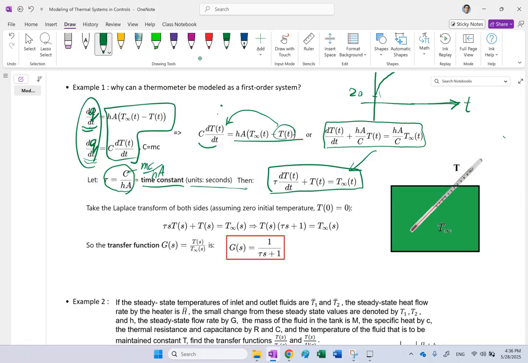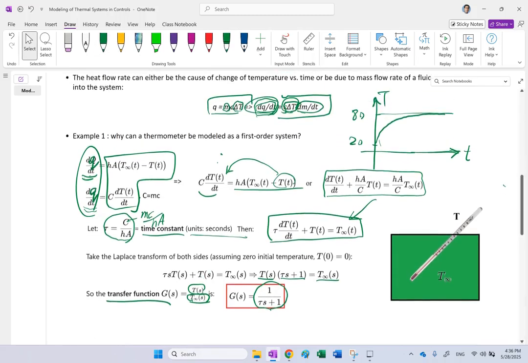And if you take Laplace transform, of course, you are going to get tau s plus 1 times T equals T infinity of s. And of course, T over T infinity, which is the transfer function, is going to be 1 over tau s plus 1, which is absolutely a first order system. So you see the temperature of the thermometer over the ambient temperature. This is exactly a first order system.